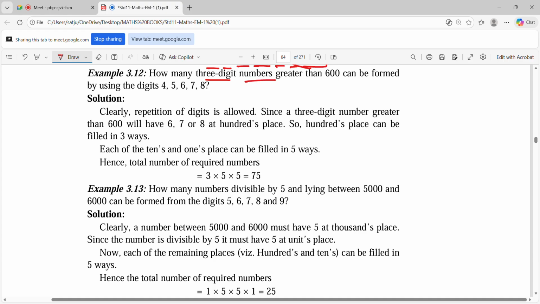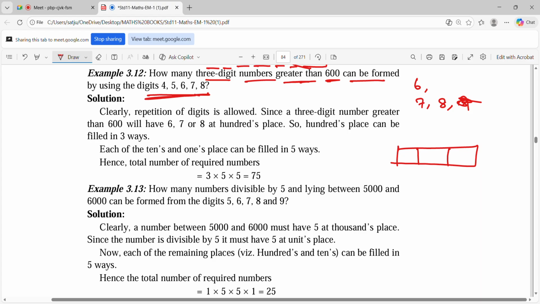How many 3-digit numbers greater than 600 can be formed by using the digits 4, 5, 6, 7, 8? Very good question. Listen carefully. Greater than 600 means 7 comes, 6 also comes, 8 also comes.